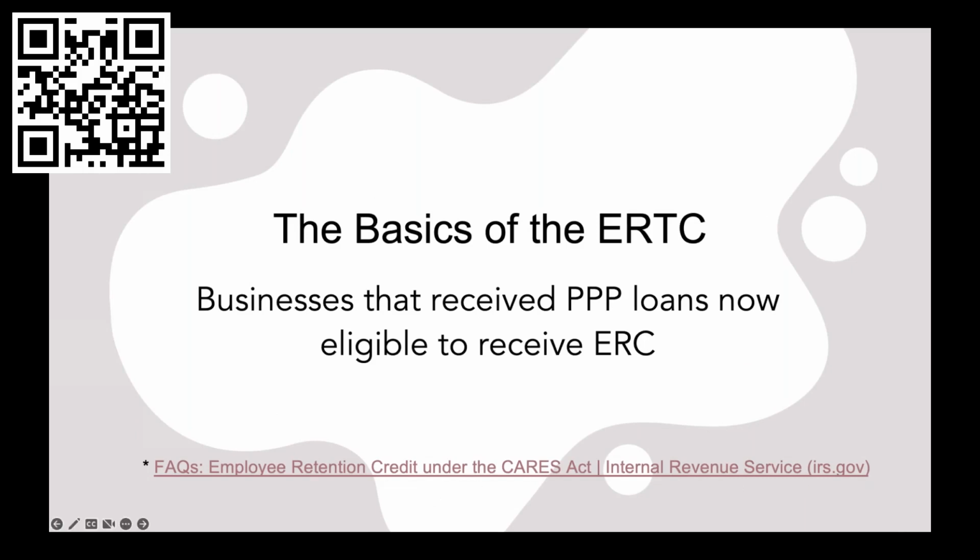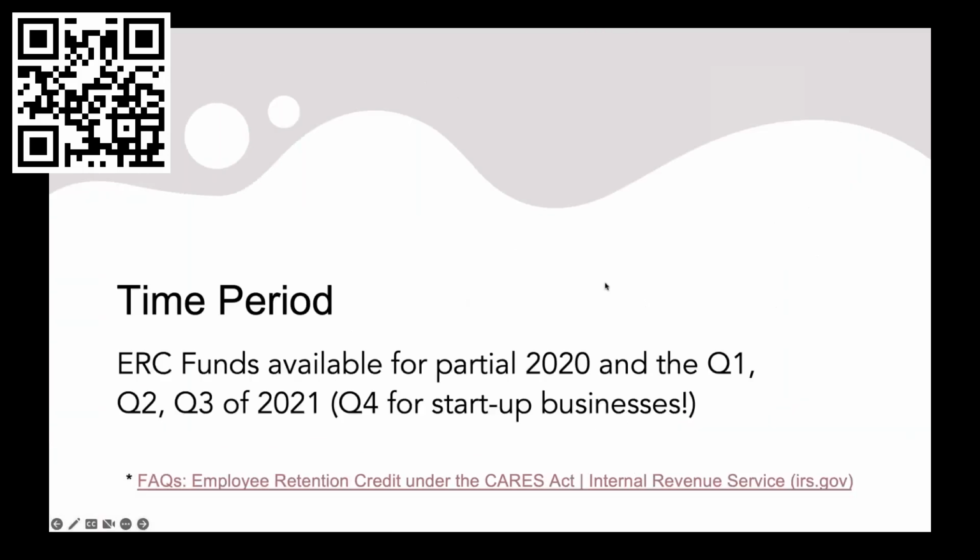So now there's all this money, businesses are potentially eligible, and nobody knows about it. Then it gets a little crazier. They expanded the time period from only 2020 to include 2021, officially March 12th of 2020 through September 30th of 2021.